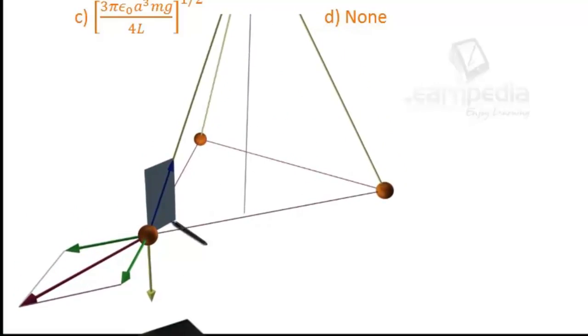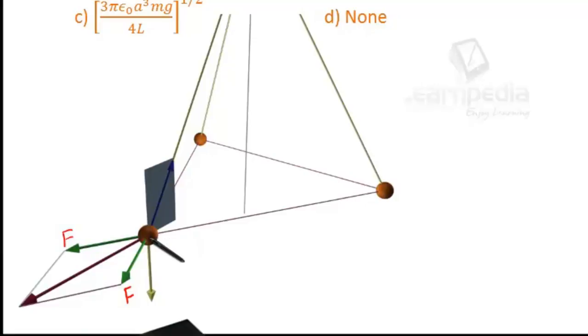As in this frame of the video, you can see the forces acting on any of the charged particles. First of all, there are two electric forces acting along the sides of the triangle formed by the particles. Because the particles have the same charge, they repel each other.